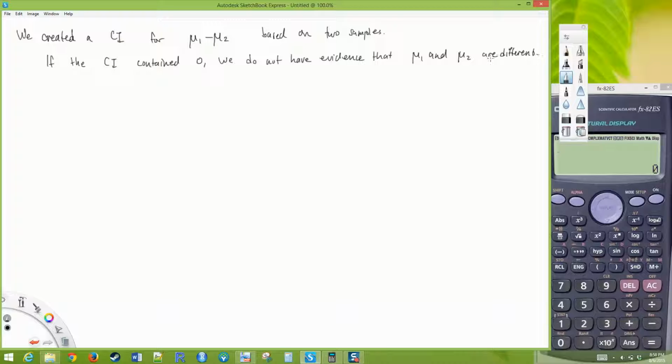So this should be familiar. And on the other hand, if the confidence interval did not contain 0, we do have evidence that mu1 and mu2 are different.